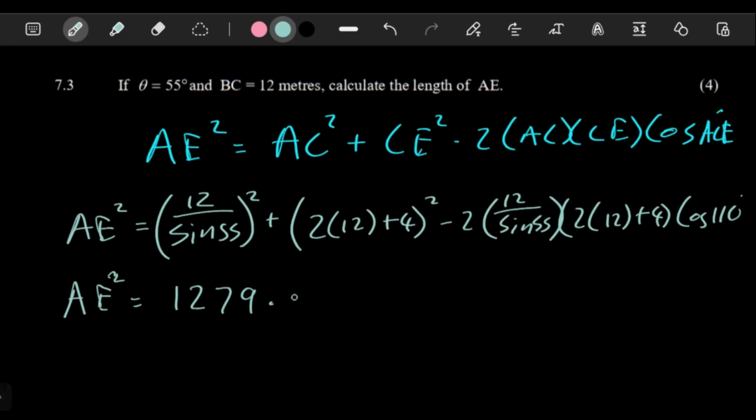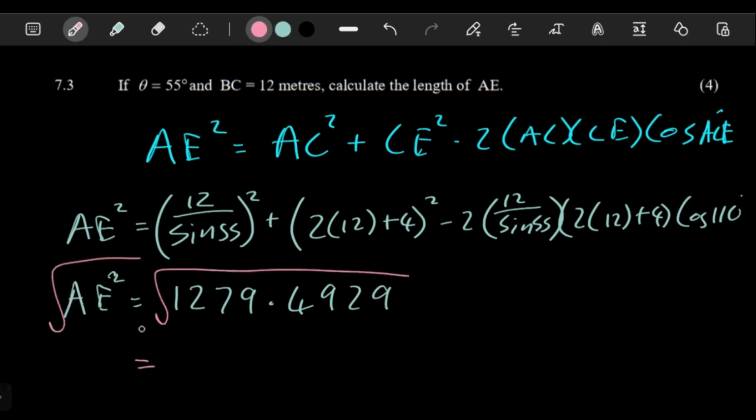Let's see here, 0.4929. If you square it both sides here, you're going to get 35.77. That's what AE is. So this is fine, nothing crazy, nothing major. We can move on to Euclidean geometry.